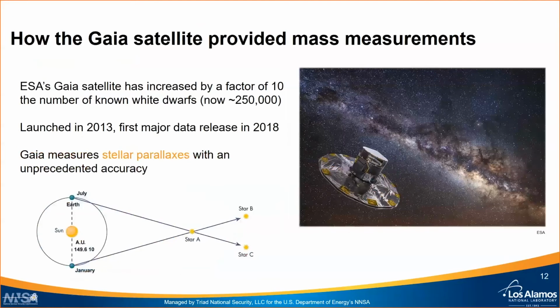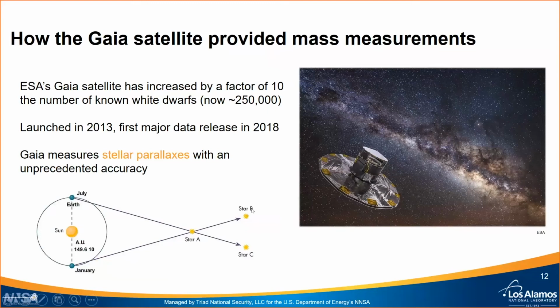So the reason why it's only 2 years ago that we were able to detect this sequence is thanks to the first major data release from the Gaia satellite from the European Space Agency. So what this satellite does is simply measuring the 3D positions of billions of stars in our Milky Way. And here, the third dimension, so the distance of stars to us, is really what matters for our problem here.